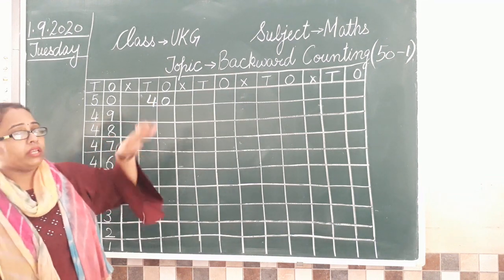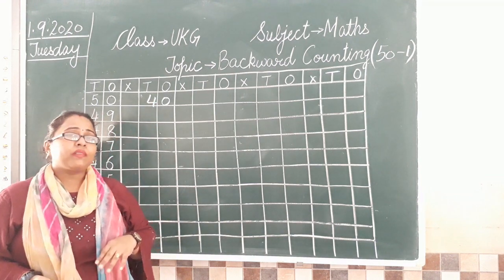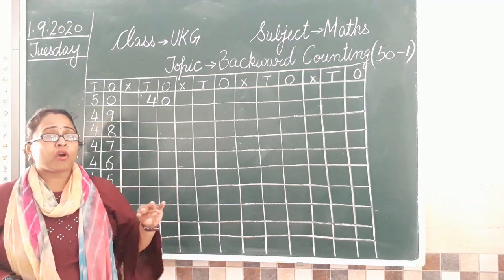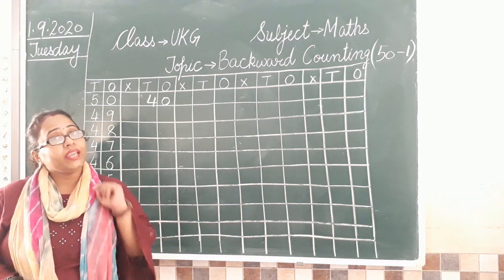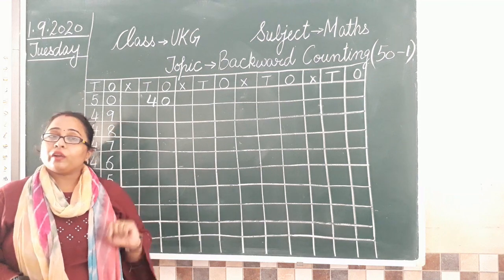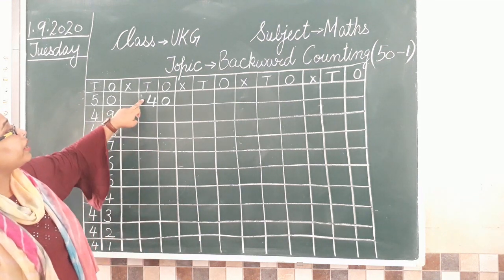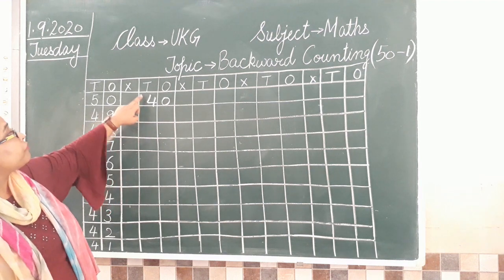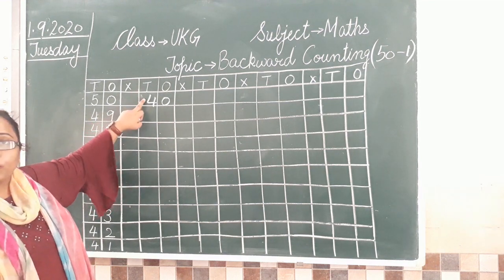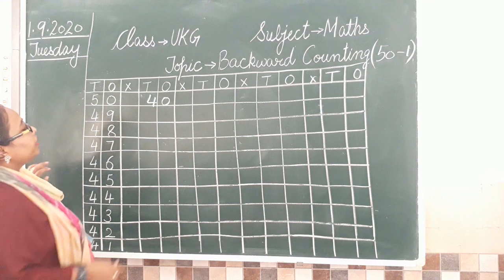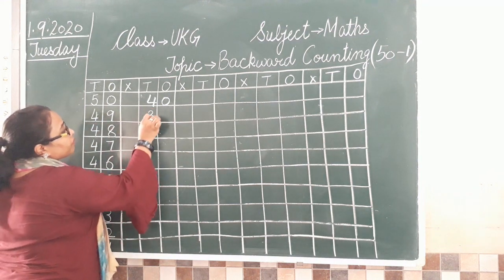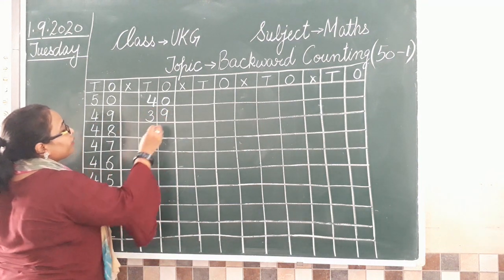If I say 40, what does this 40 mean? 4 groups of 10 objects each. ठीक है? हर ग्रुप में कितने ऑब्जेक्ट हैं? 10. और ऐसे हमारे पास कितने हैं? 4 groups. Because 4 is under tens. You remember that? Good.